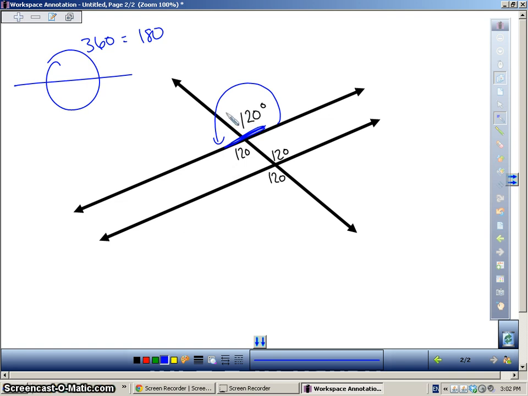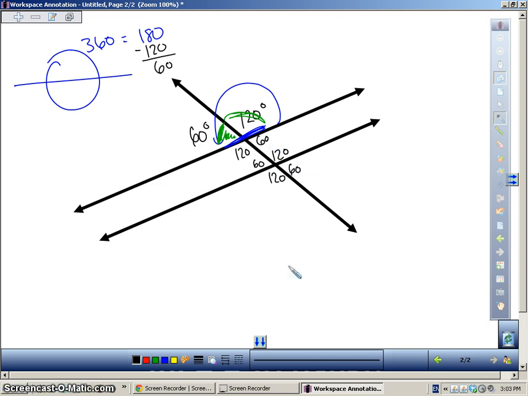If I already know this part of the angle is 120, I can find the other part just by subtraction. 180 minus 120 leaves me with 60 degrees. Because that one's 60, this one's 60, this one's 60, and this one's 60, and you'll be able to fill them all in.